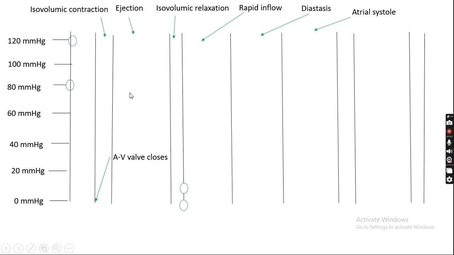So the phase is called isovolumetric contraction phase. As the ventricle contracts in a closed cavity, the pressure of the left ventricle sharply rises from 0 to 80 mm mercury, and this 80 mm mercury pressure pushes the aortic valve and causes the aortic valve to open.